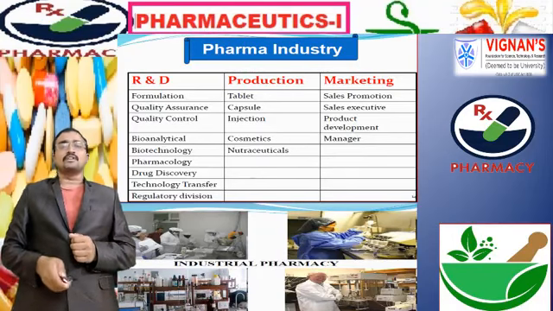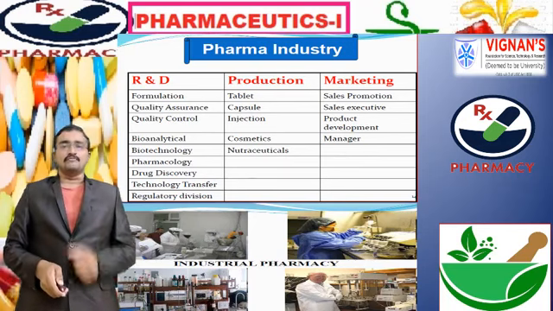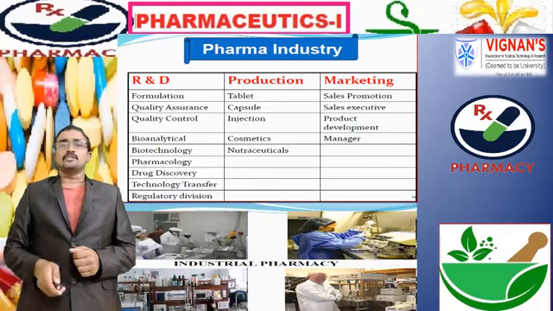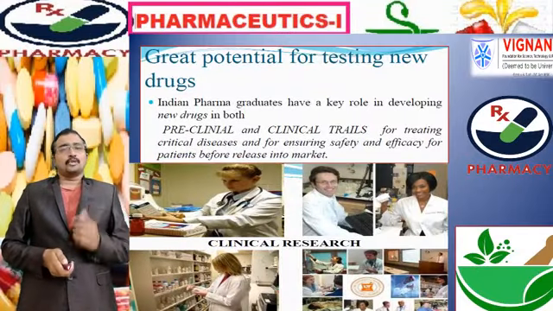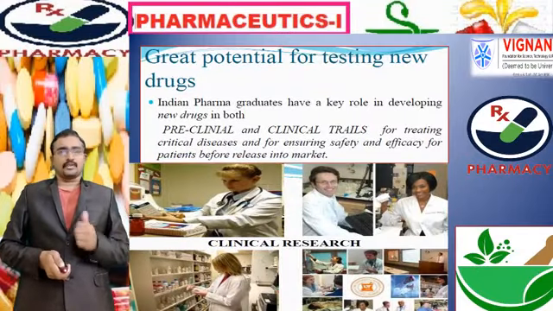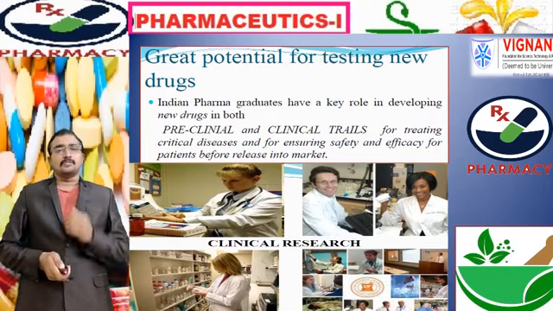Industrial pharmacy mainly offers these options for those who have completed B Pharmacy and M Pharmacy courses. So these are the options available in the R&D department, production department and marketing area. There is great potential for testing of new drugs. Mainly we are doing clinical research if you have invented any new drugs.